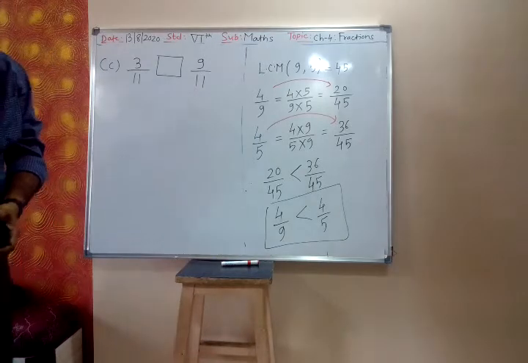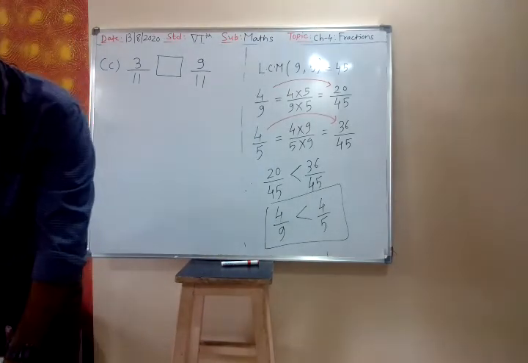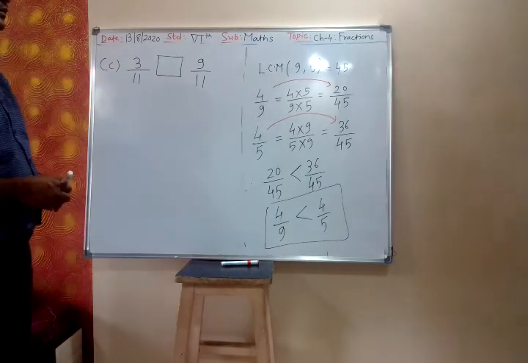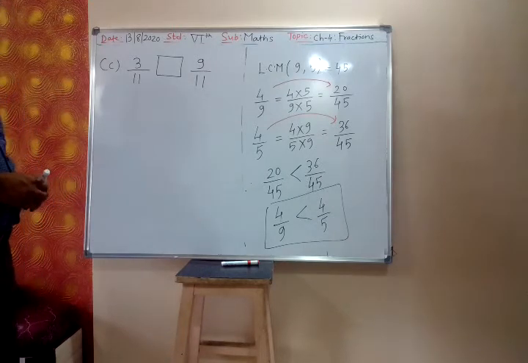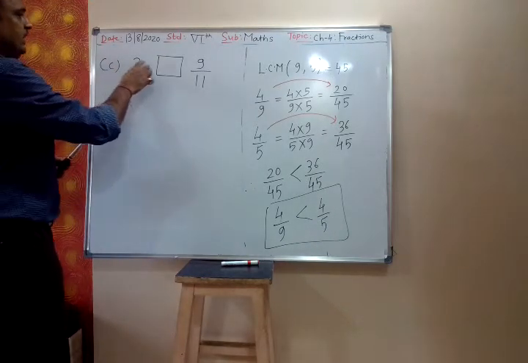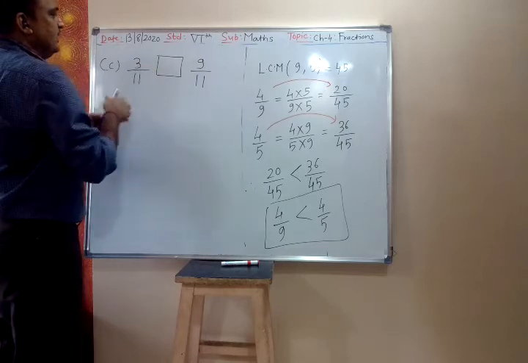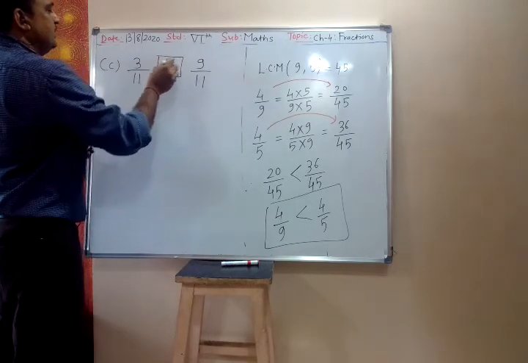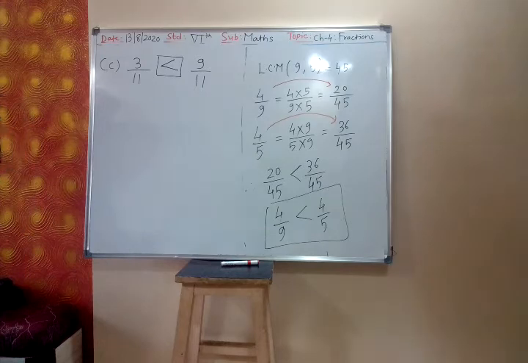Whenever denominators are the same, like fractions, I will compare their numerators. So 3 and 9. 3 is smaller than 9. So the sign will be this: 3 upon 11 is less than 9 upon 11.